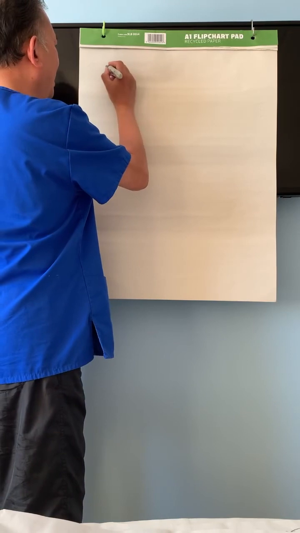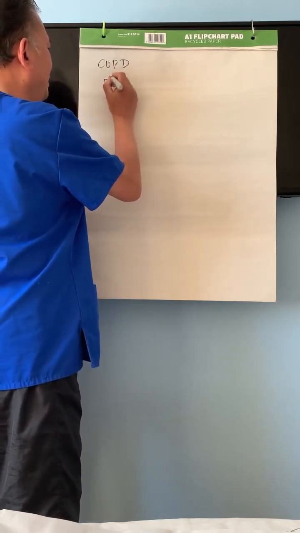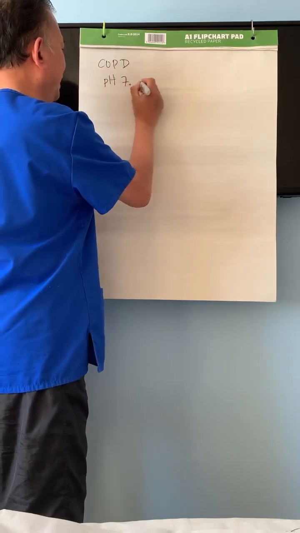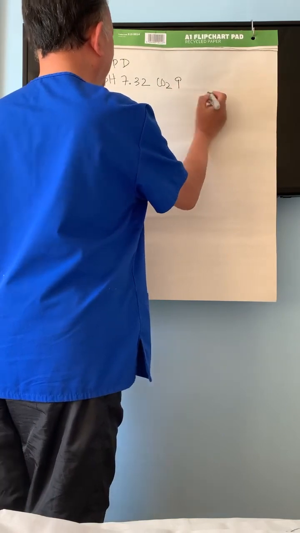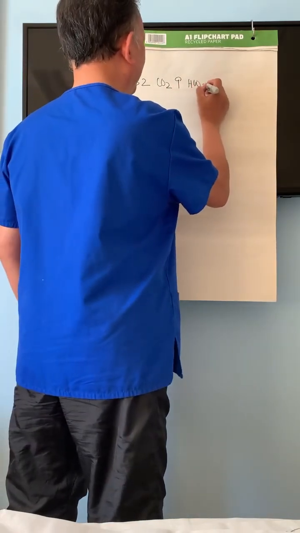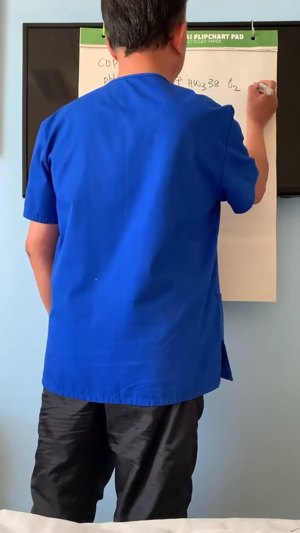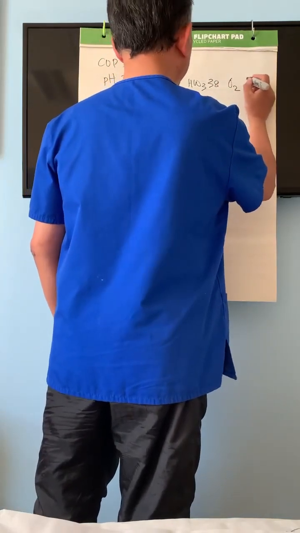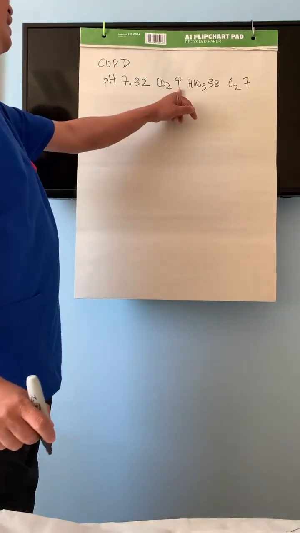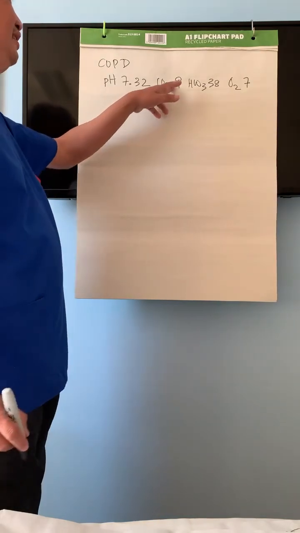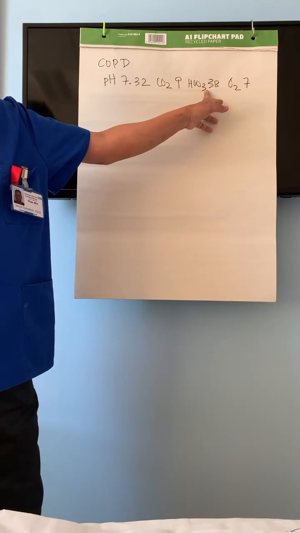COPD patient came in with pH 7.32, carbon dioxide of 9, bicarbonate of 38, alright, oxygen of 7. So hypoxia, hypercapnia, acidosis, this is respiratory acidosis compensated by metabolic component.